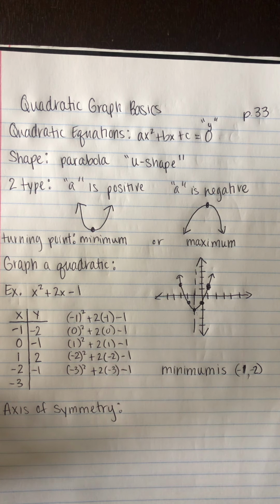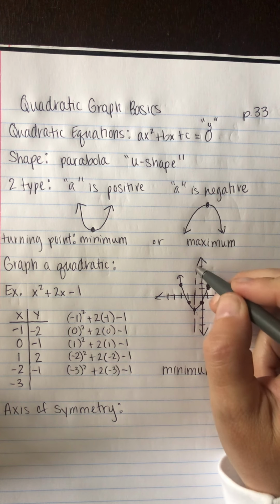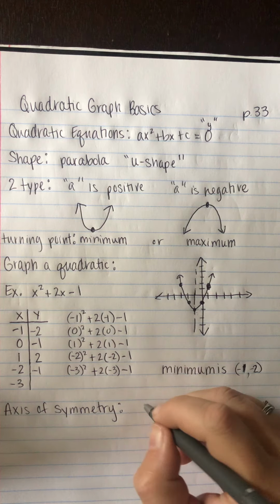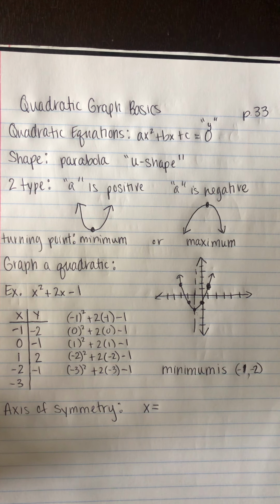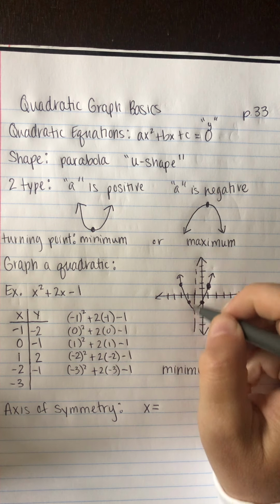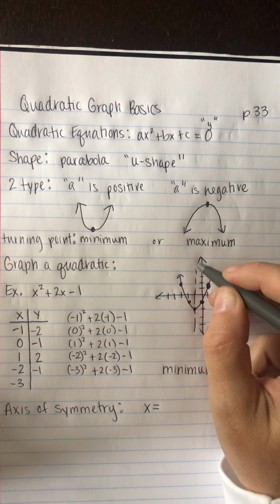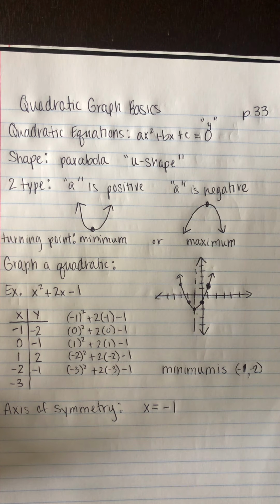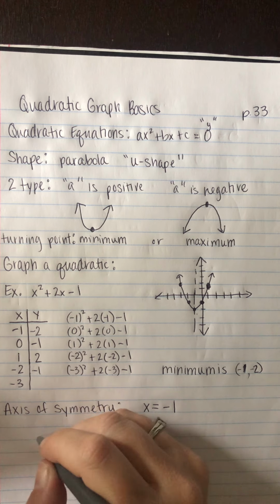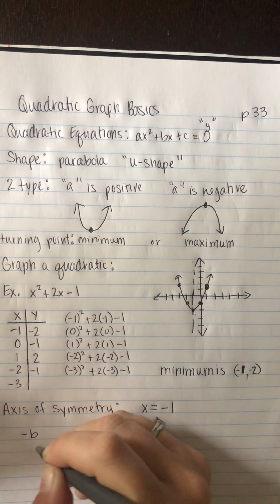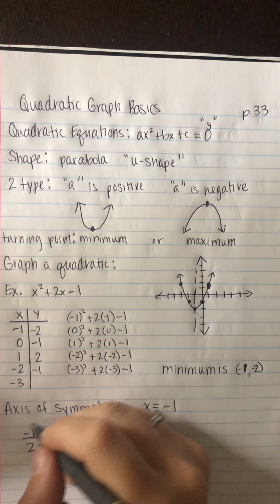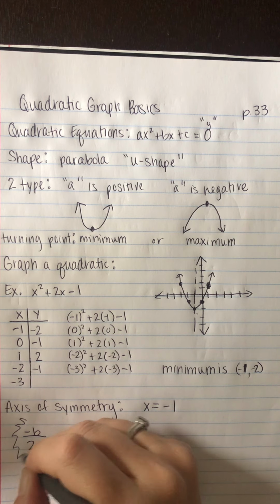And there's a way to find the axis of symmetry, but if you notice, the axis of symmetry is just crossing through the x-axis. So we know it's going to be x equals a number. So in this case, it's going to be x equals -1. That line right there is only going to have a value of x equals -1. The formula to find this would be -b over 2a.